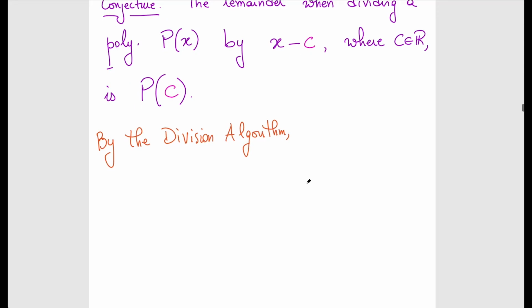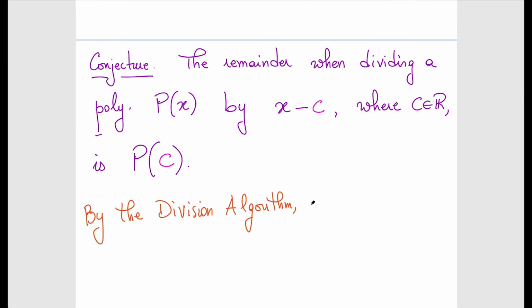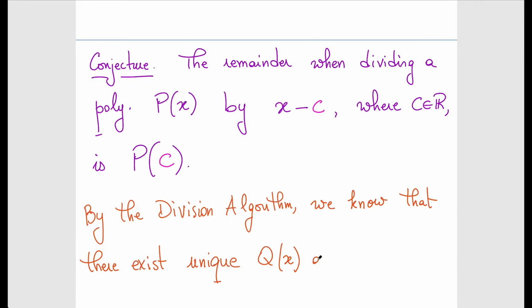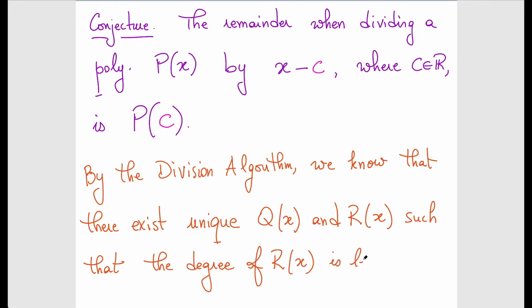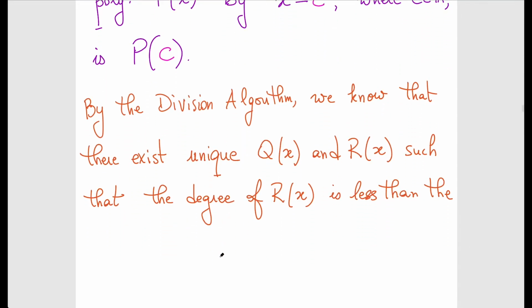So by the division algorithm, we know that there exist unique q of x and r of x, where r of x is the remainder, such that the degree of r of x is less than the degree of the divisor.